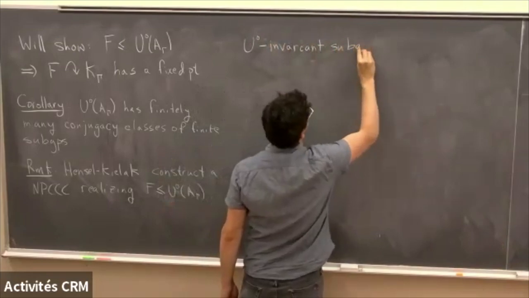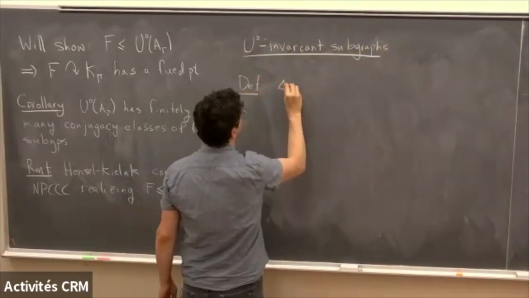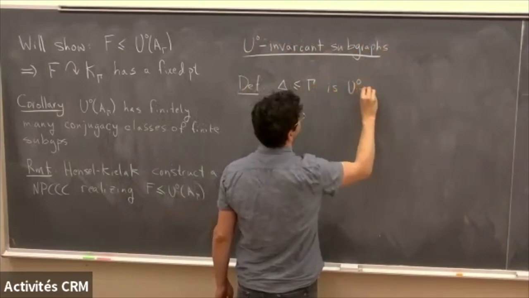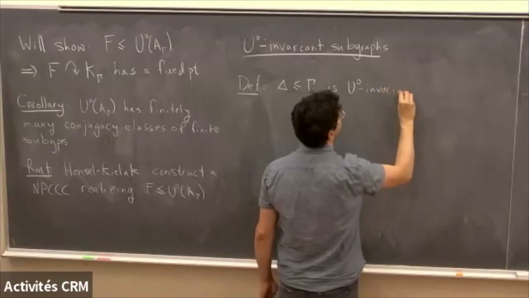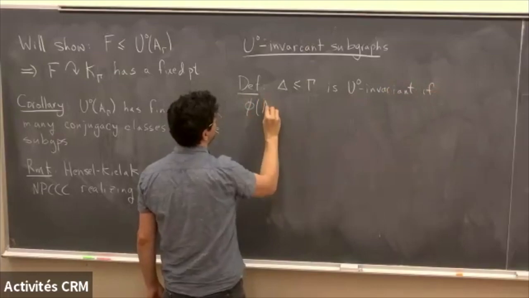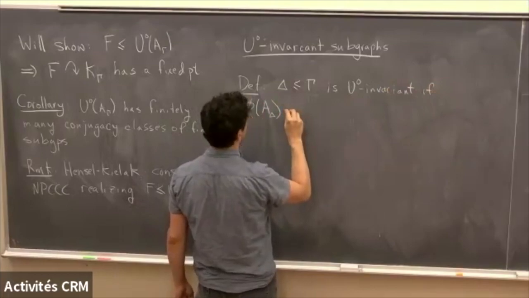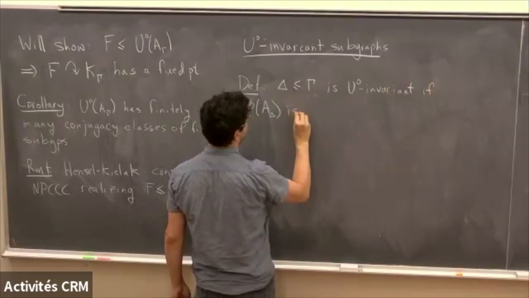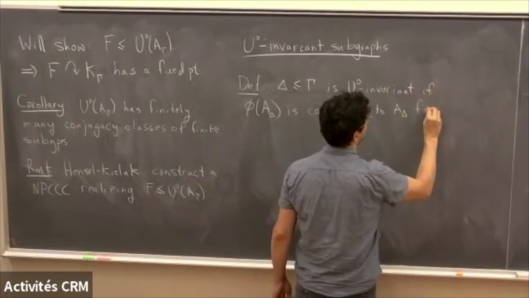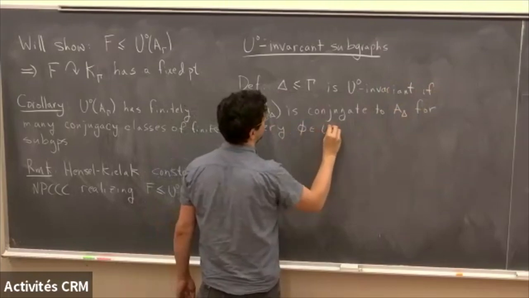Actually, subgraphs. So what's the definition? I look at a subgraph in gamma, and it will be U0 invariant if phi of the corresponding special subgroup A delta is conjugate to A delta for every phi in U0.